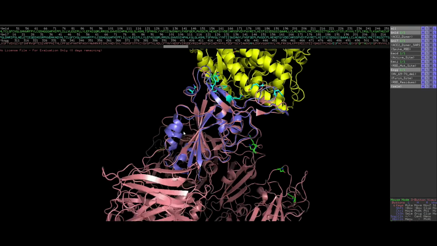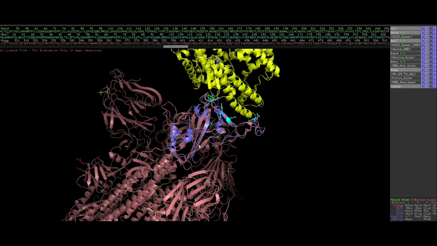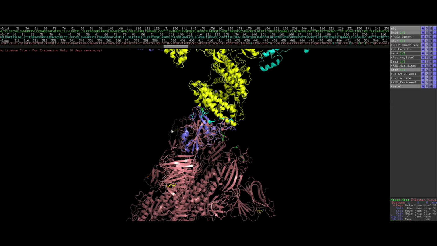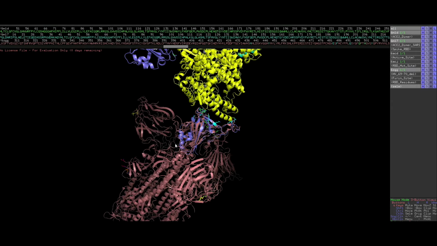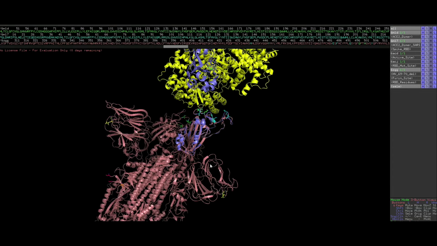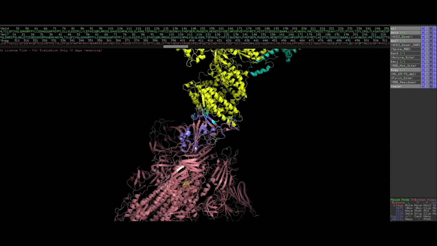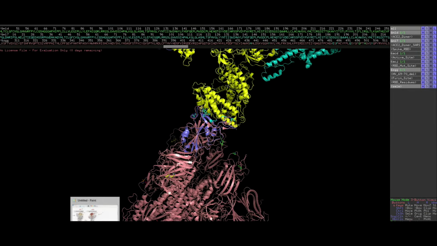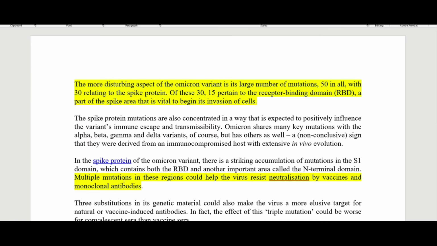I got these structures to align by aligning the receptor binding domain, which was present in this human ACE2 receptor structure, with the spike protein structure. That is how I actually aligned those, and that's why there's that overlapping part right there. But anyway, once again, the Omicron has a bunch of these mutations in the receptor binding domain.